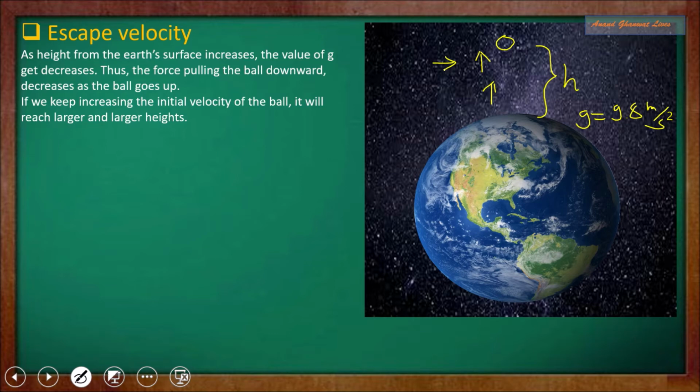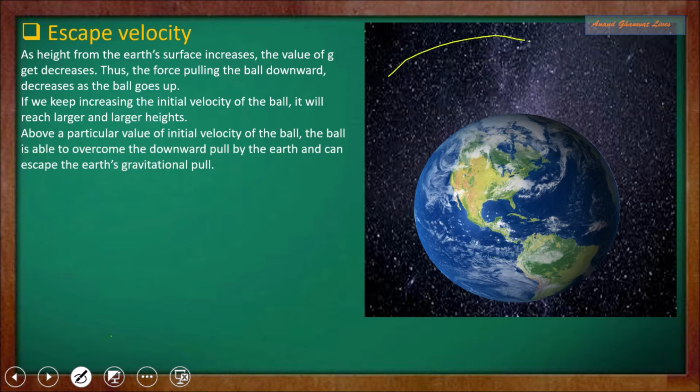If we keep increasing the initial velocity of the ball, it will reach larger and larger heights. So if the initial velocity is increased, what happens? The increased initial velocity will fight against the Earth's gravitational acceleration, and the ball will reach larger and larger heights.